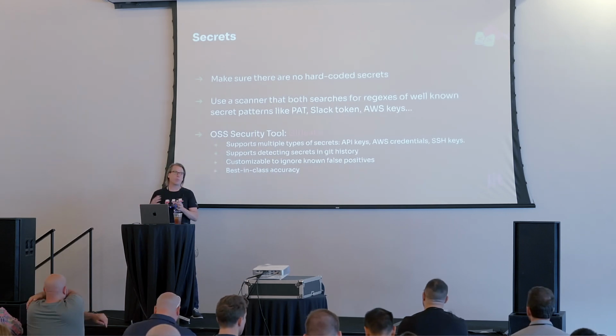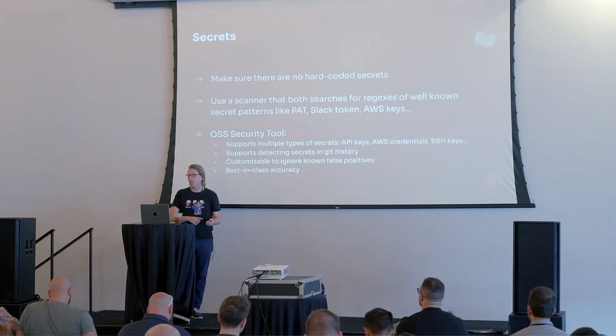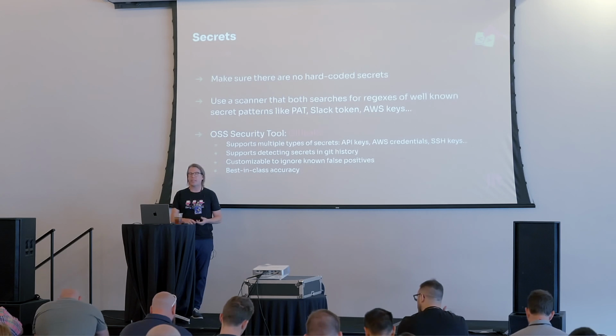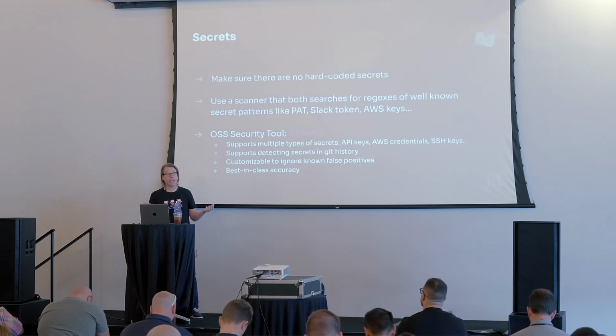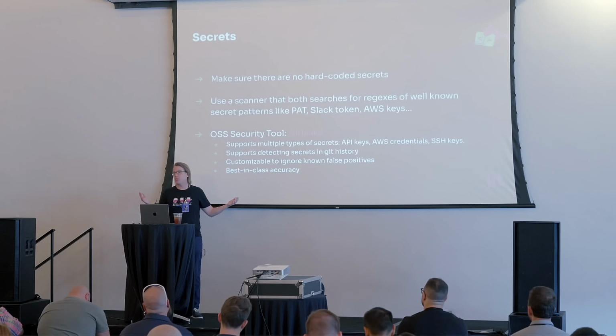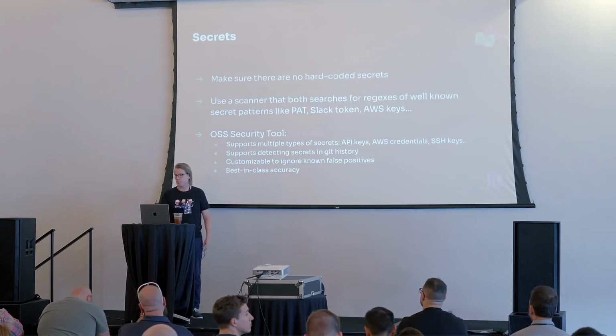Sometimes you fix something, but you've got old secrets in your Git history. Gitleaks will find that, and you can go back and fix it. It's super customizable to ignore known false positives, and has best-in-class accuracy. So again, an open source tool, free for anybody to use, but just as good, if not better, than a lot of those tools that cost a lot of money.